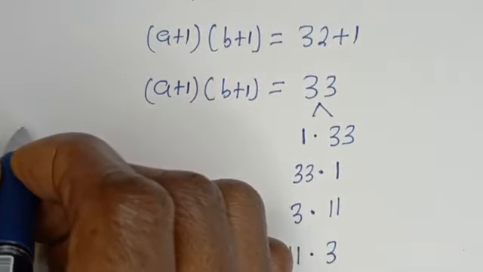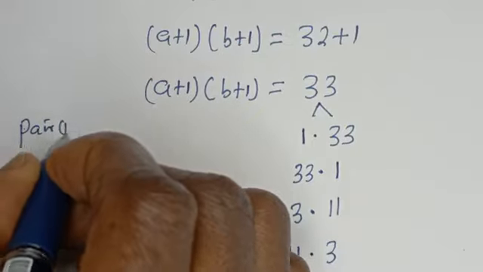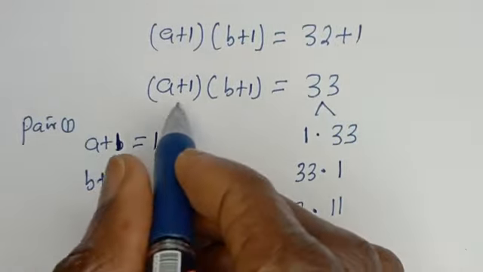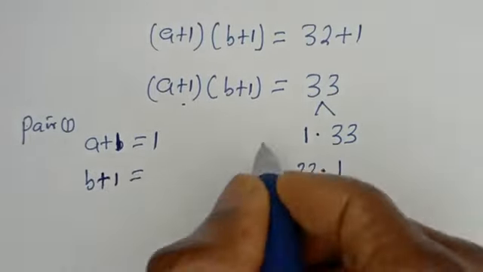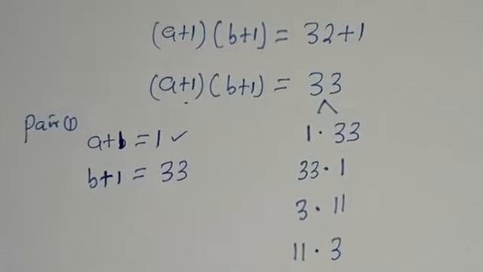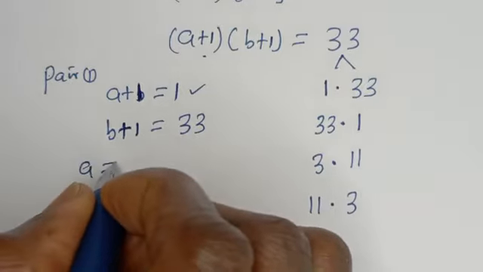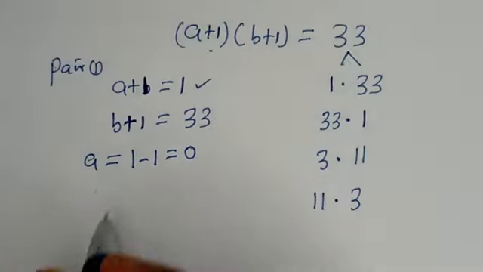Therefore, let's consider the first pair, called pair 1. This is a plus 1 is equal to 1, and b plus 1 is equal to 33. Then from here, a is equal to 1 minus 1, which is equal to 0.